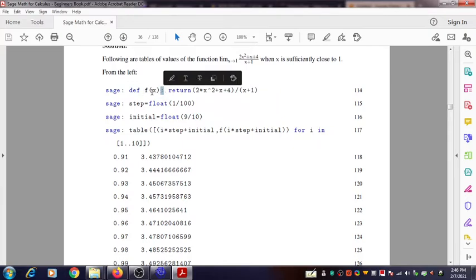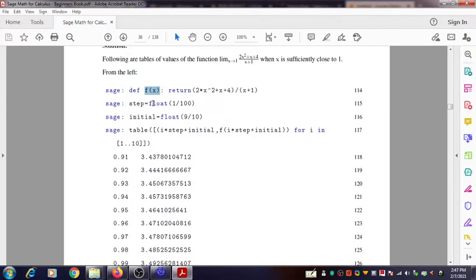That is the standard format. You cannot change this format. After def, f of x is a name, so that name you can change. If you want, you can change it to g of x, or h of x or k of x, anything you can use, because it's a name selected by the programmer.